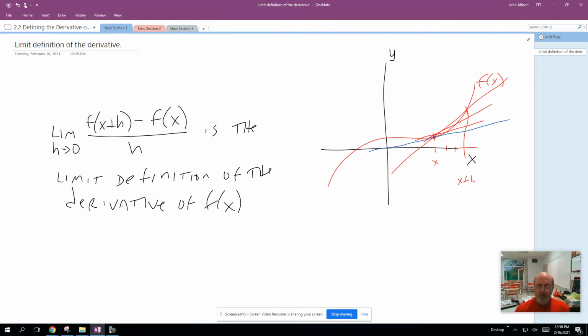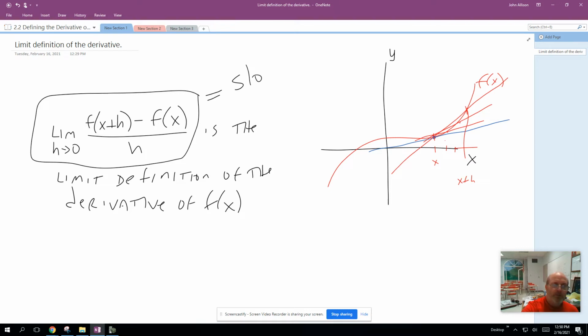But for now, what I want you to understand is this limit is equal to the slope of the tangent line to f of x at x.